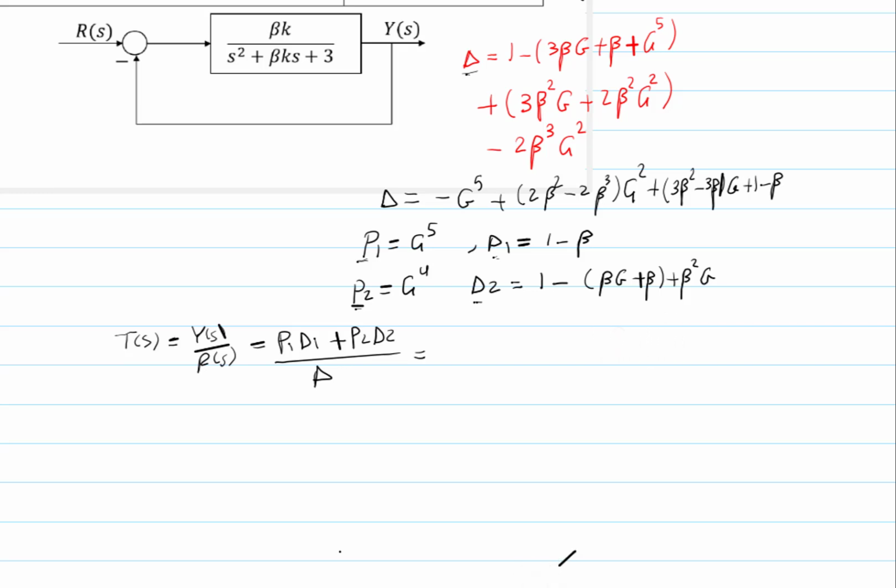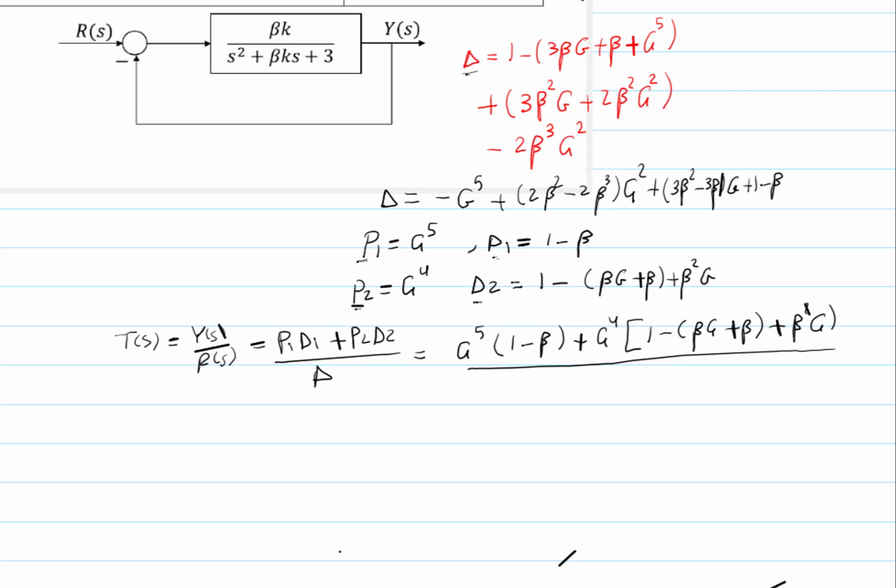We have delta, we have P1, and we have P2, we have delta 1, and we have delta 2. So this will equal P1 is G to the power 5 multiplied by 1 minus beta. P2 is plus G to the power 4 multiplied by 1 minus beta G plus beta square G over the determinant delta.